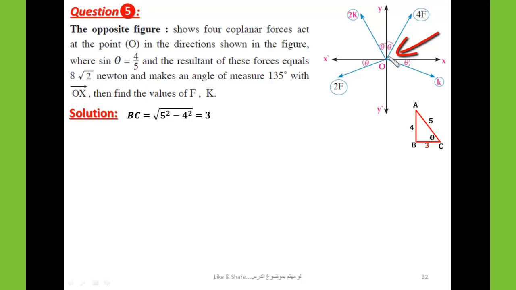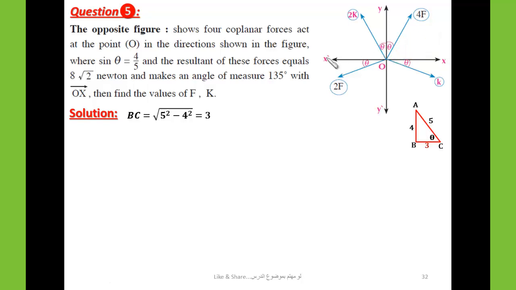It is the measure of the angle between 4F and OX, because this angle equals theta and OY is perpendicular to OX, so the measure between OY and OX equals 90. We can deduce that the angle between the line of action of the force of magnitude 4F and OX is 90 minus theta.